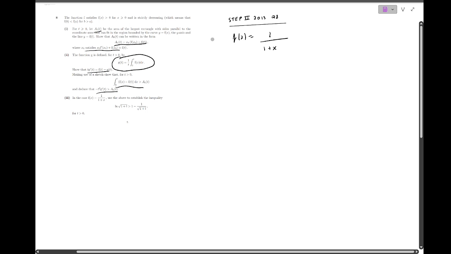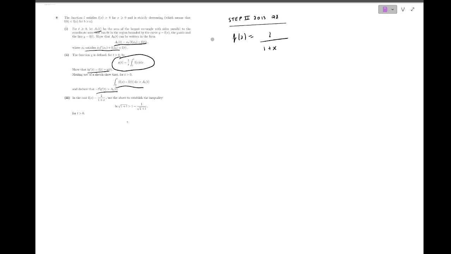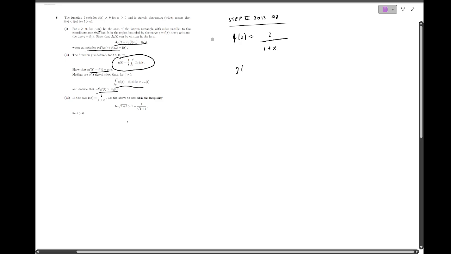Therefore, if we go to the inequality we had earlier, g of t is equal to 1 over t times the integral from 0 to t of 1 over 1 plus x, which is just g of t is equal to 1 over t times the natural log of 1 plus t, okay?